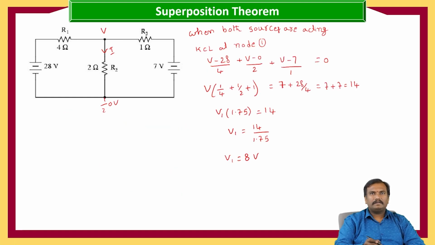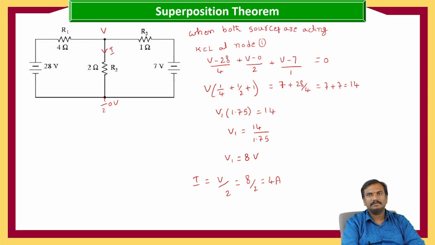And in the previous case also we haven't calculated the I value, where the I value is V by 2, which is equal to 8 by 2, which is 4 amperes.